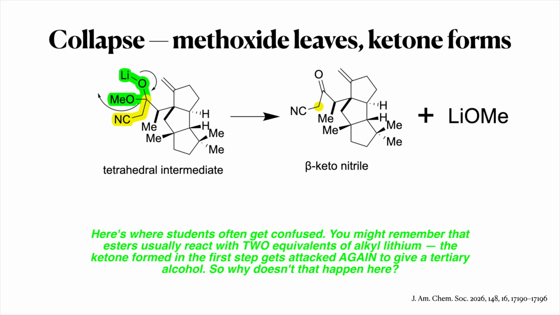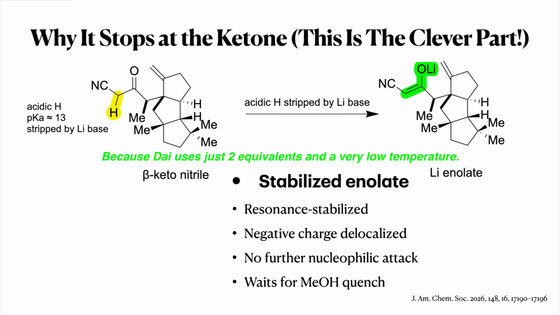Here's where students often get confused. You might remember that esters usually react with two equivalents of alkyl lithium. The ketone formed in the first step gets attacked again to give a tertiary alcohol. So why doesn't that happen here? Because Dai uses just two equivalents at a very low temperature.